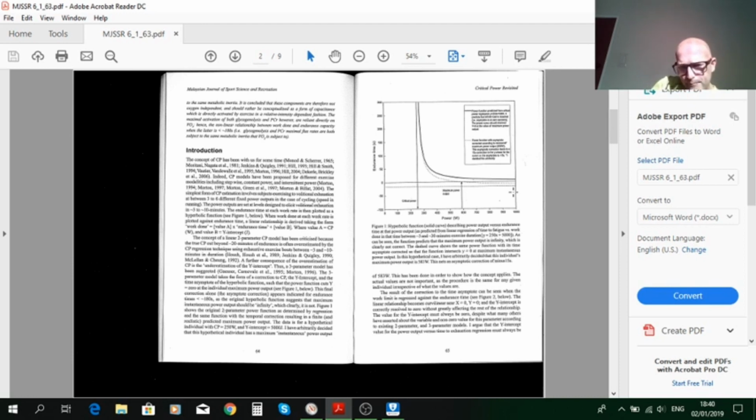And basically, what it boils down to is if you were to exercise to exhaustion, obviously the lower the relative intensity of that exercise, if it's a steady state intensity, the longer you can go for. So in other words, if you exercise at a very low relative intensity, you can keep that up for quite some time before you are exhausted and have to stop.